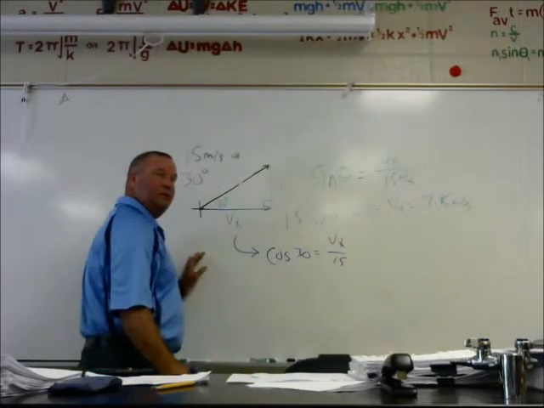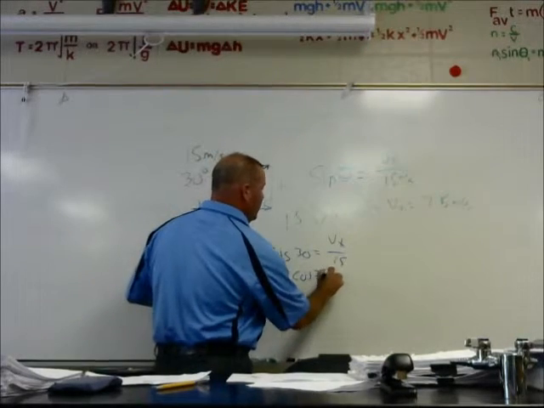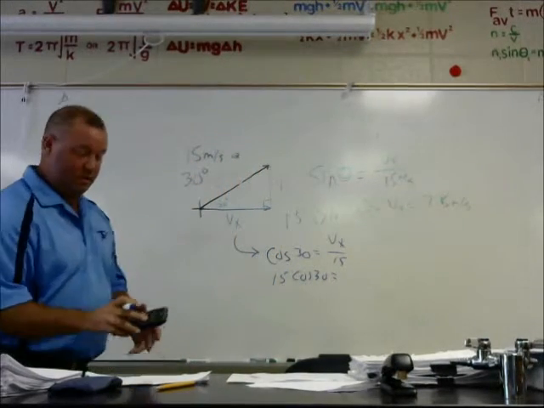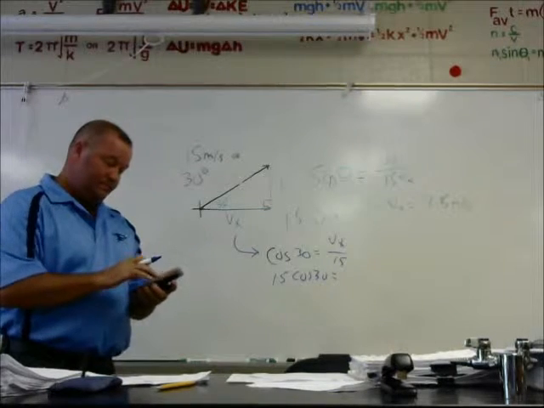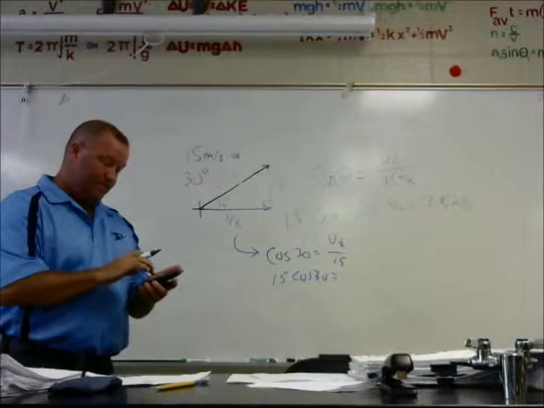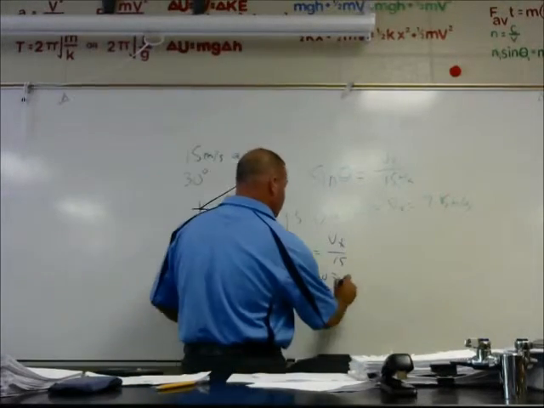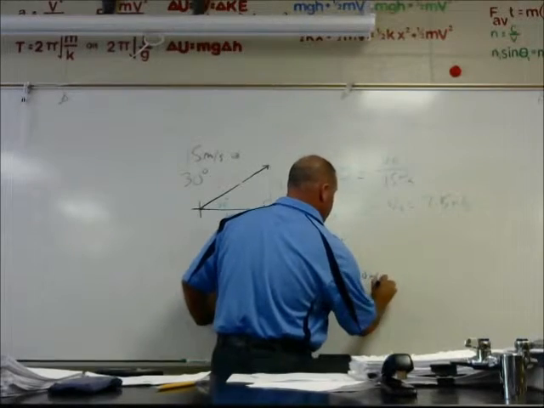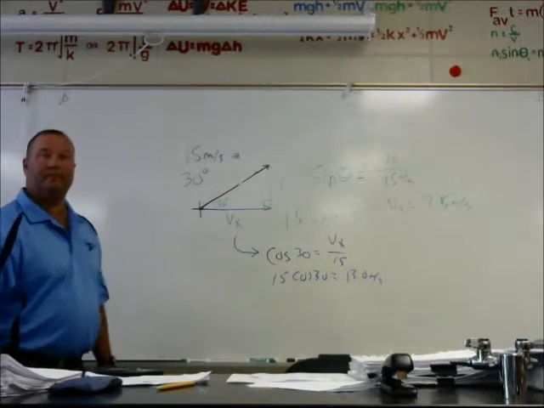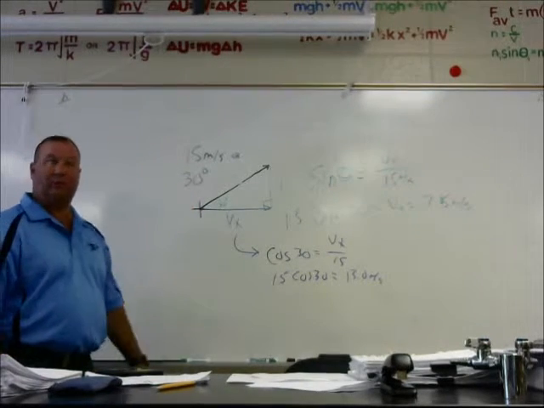Then I take 15 times cosine 30. Cosine 30 is root 3 over 2, and I get like 13.0. Is everybody good? So I have 13 meters per second east and 7.5 meters per second north.